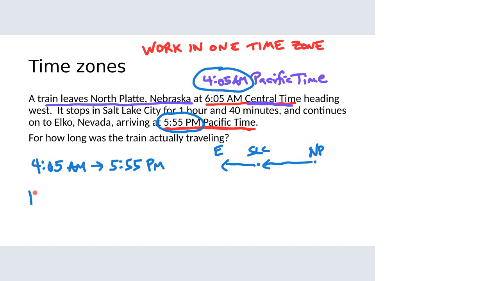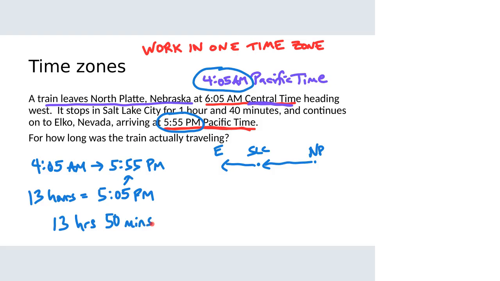So I've got 13 hours gets me to 5:05 p.m. And some of you might say, well, 12 hours makes it 4:05. Another hour makes it 5:05. So that's 13. Totally fine. And then let's see, we're at 5:05. We still have another 50 minutes to go. Sorry about that. So that's 13 hours and 50 minutes.